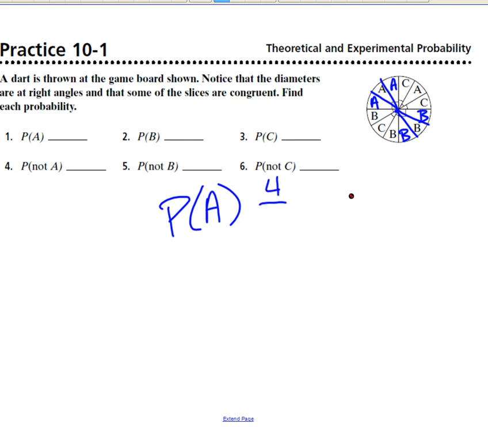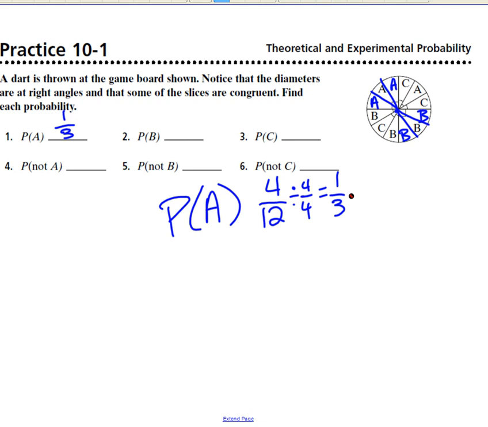Out of how many? There are a total of now 12 spots. 4/12 is correct, but not the best answer. We could divide this by 4, and we do get 1/3. So that's our answer. So 1 out of every 3 times we spin that spinner, it should land on A.